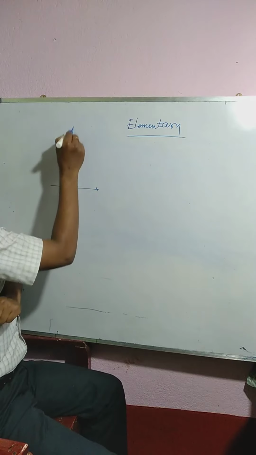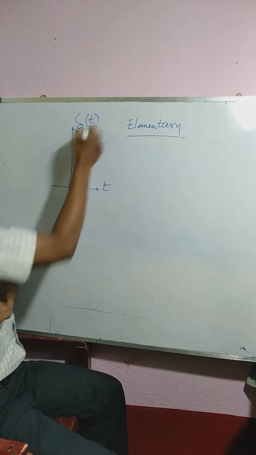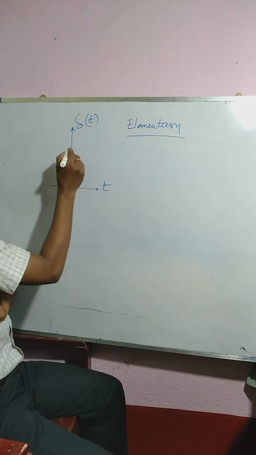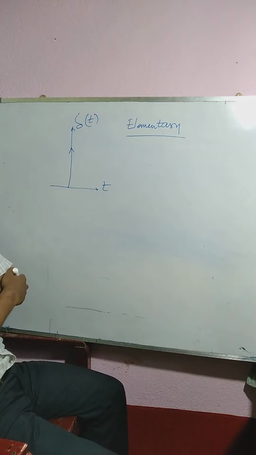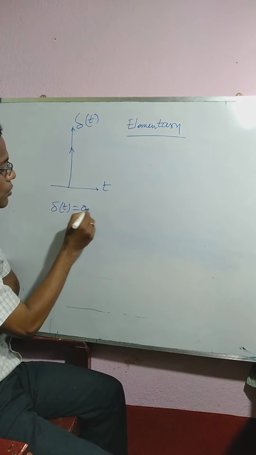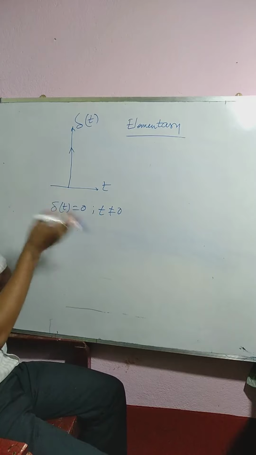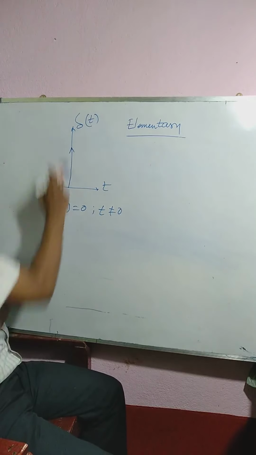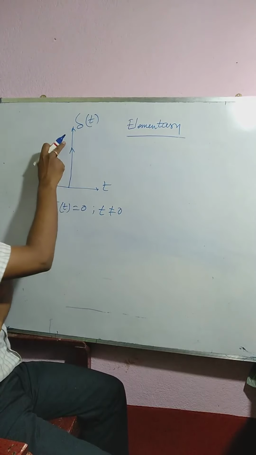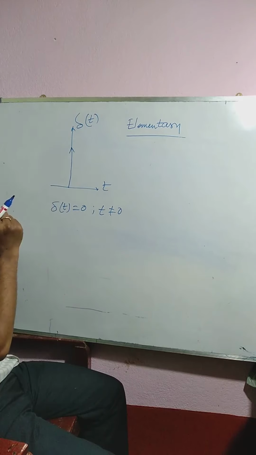It is considered a signal of t and represented as delta(t). It has value only at t equals 0. That means delta(t) equals 0 for t not equal to 0. Then what is the value at t equals 0? It is going upward, in the direction of infinity.